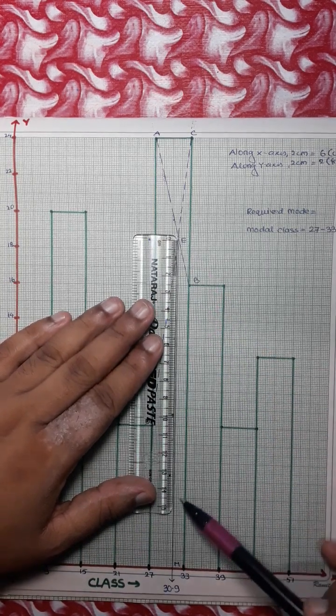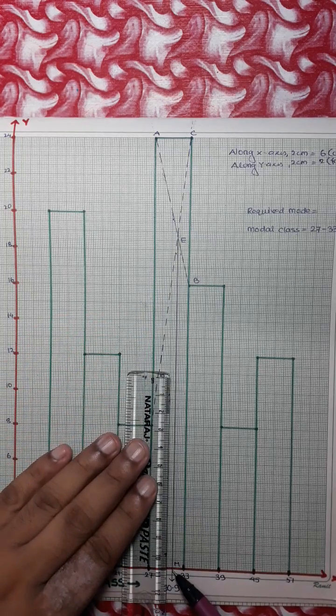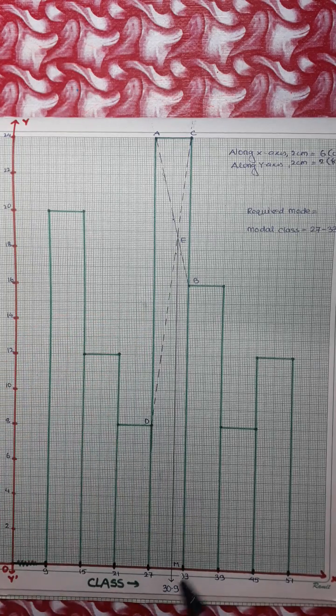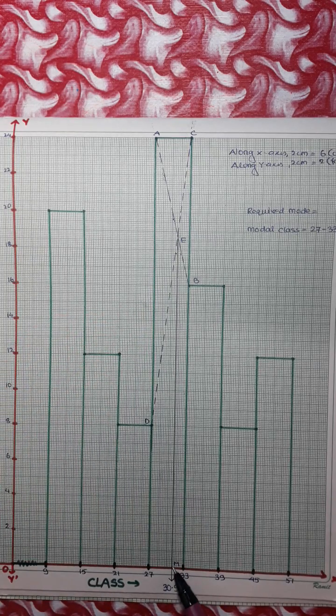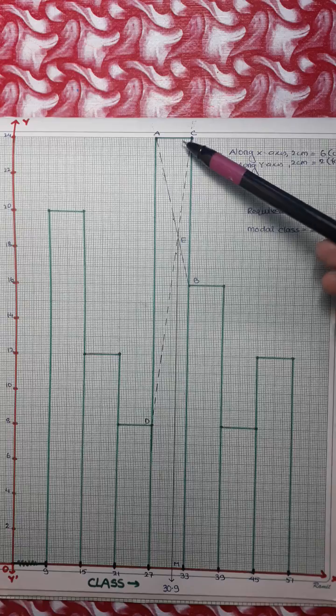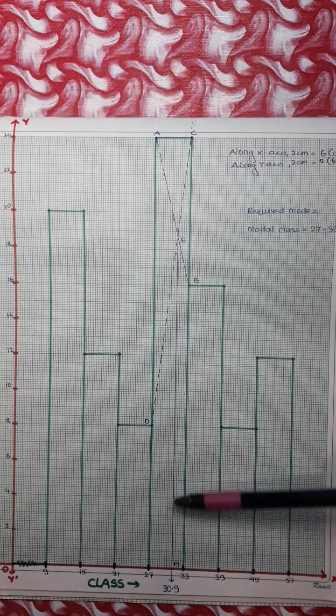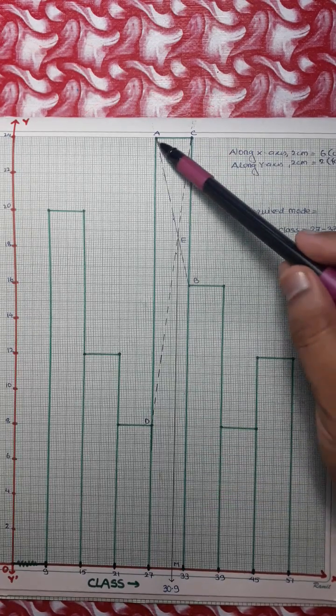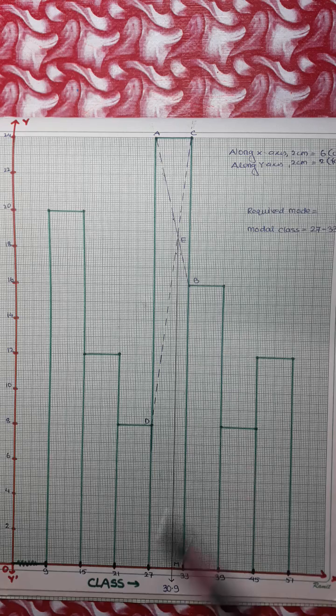If you draw a perpendicular, it will pass through this point. That means this M will be the mode. Now in the question we are asked to write the modal class. So this has got the highest rectangle, or the highest frequency. So we can say the modal class is 27 to 33.